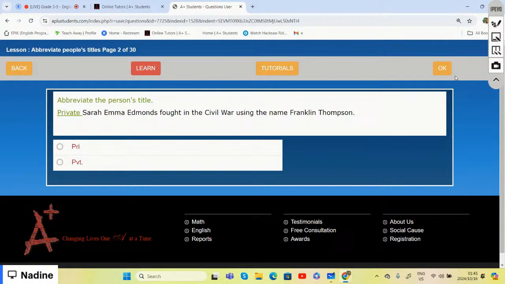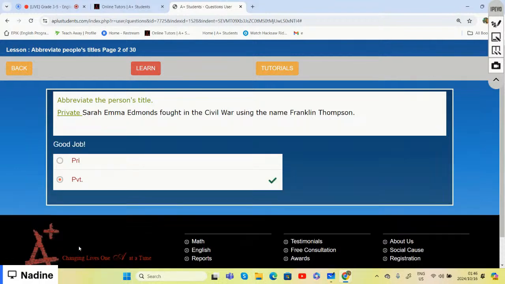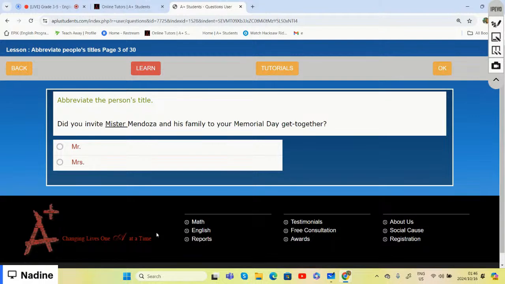Is it option 1 for private or option 2, Pvt.? And then we go with option 2. Remember, we said there needs to be a period also.